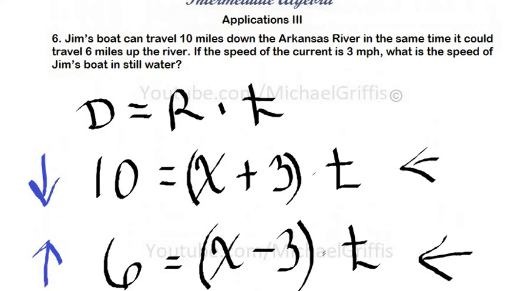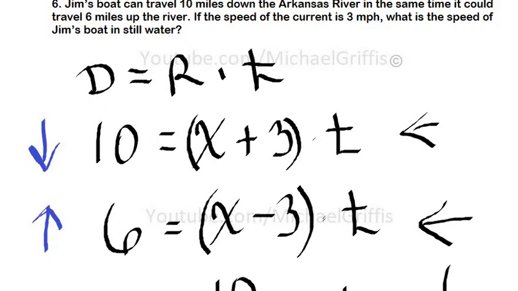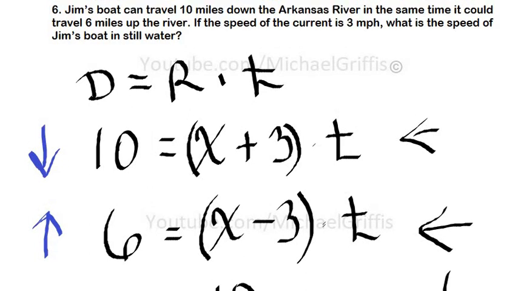So you can look at this as 12 plus 3 is 15. He was going 15 miles per hour down the river. You see that? And then 12 minus 3 is 9.